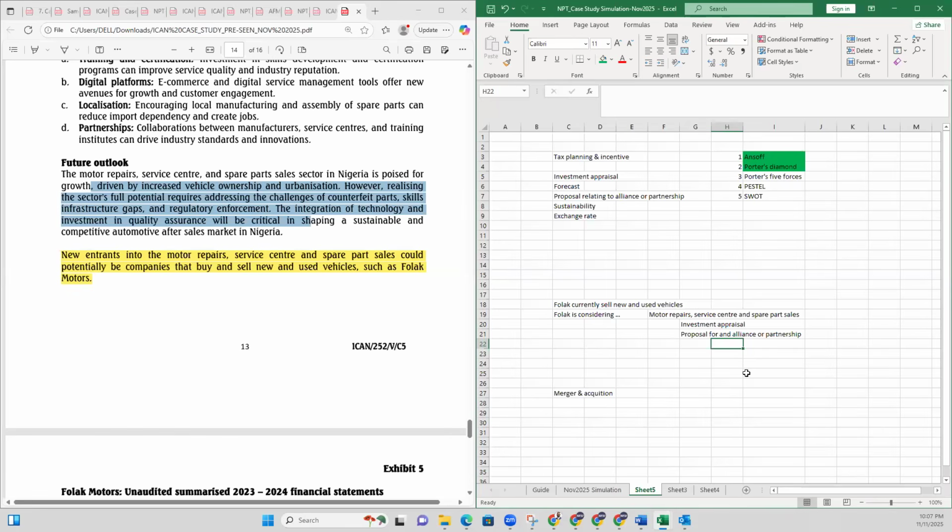So the other bit is a proposal in terms of alliance and partnership, and it could be, let's say, a company already having a strong base in that area. It could even be partnering. So if they currently sell both new and used cars in Nigeria as an indigenous company, how do they get their new cars?